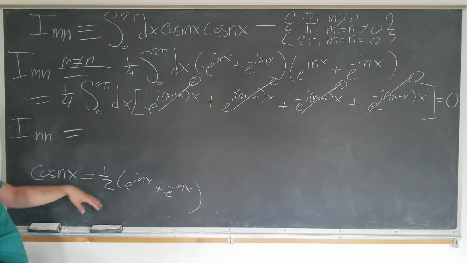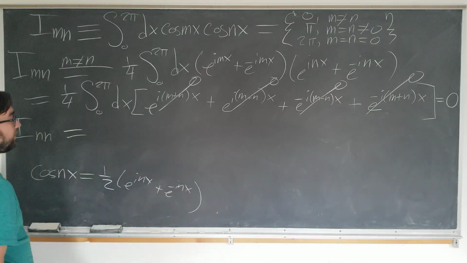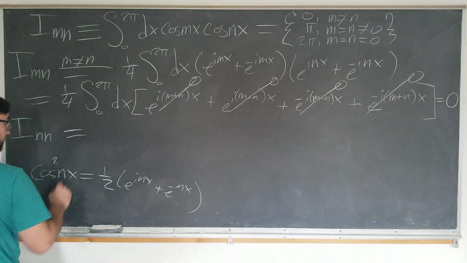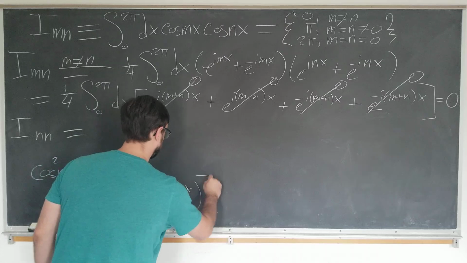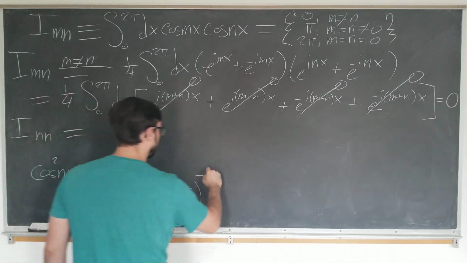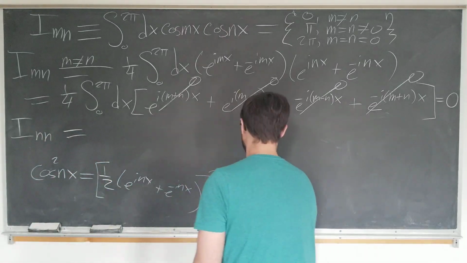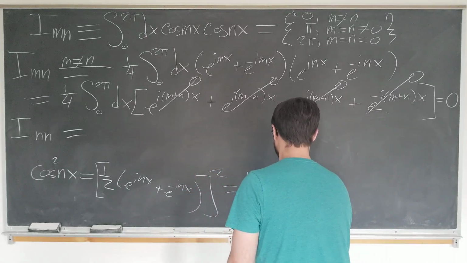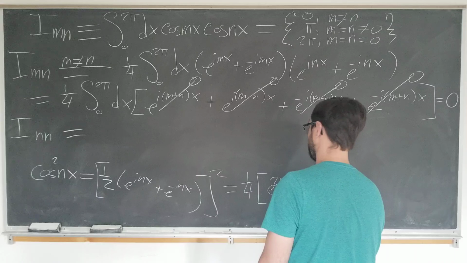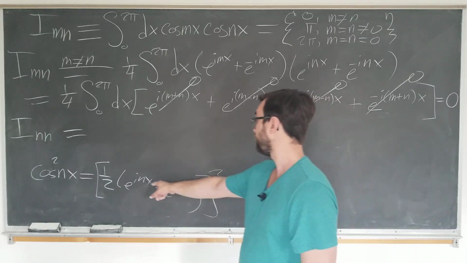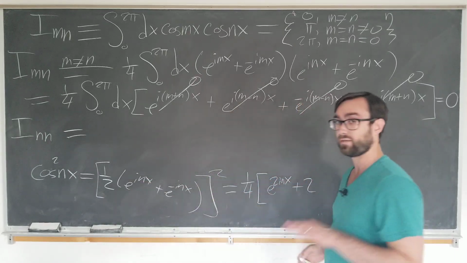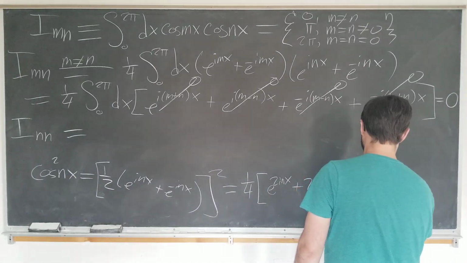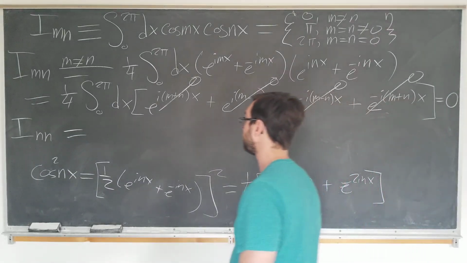There's going to be 2 of these, so there's going to be a factor of 1/2, and this is actually going to be squared. So I'm going to square this now. Square all of this, we get 1/4 times e to the 2inx plus 2 times the cross terms, which cancel out, very important, plus e to the minus 2inx. And we're going to be integrating all of this.